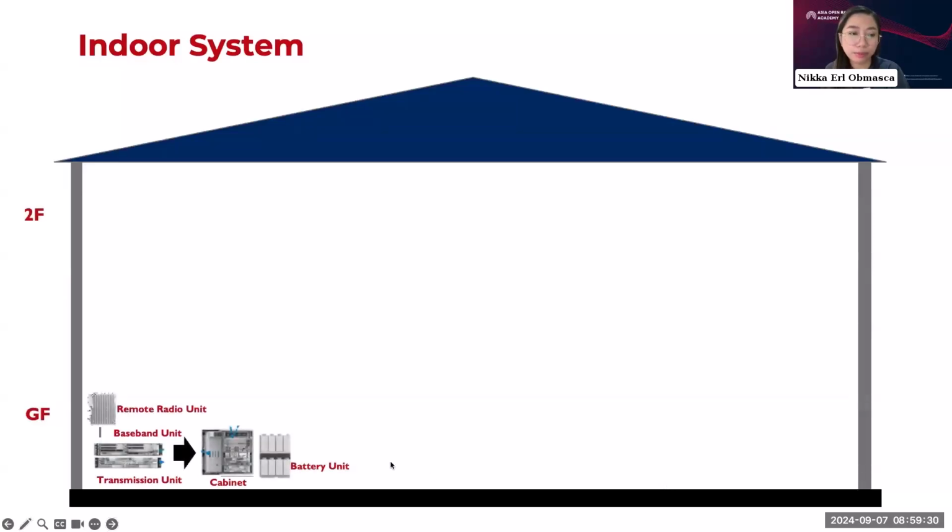So, for example, we have the different equipments of the RAN. So, we also have RRU, PBU, cabinet, battery unit. Minsan nasa loob siya ng isang room or isang area sa isang building. Pwedeng nasa parking, pwedeng kung meron silang designated na radio room, dun nilalagay yung mga equipments na 'to.